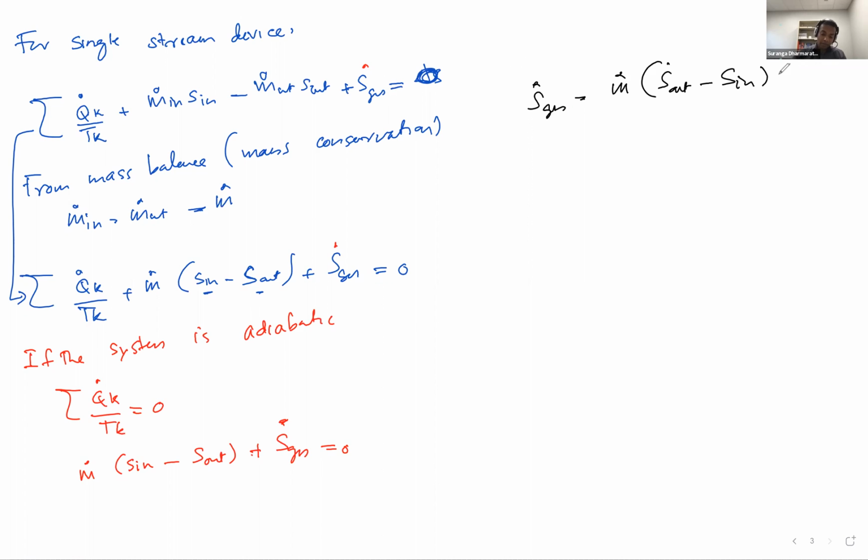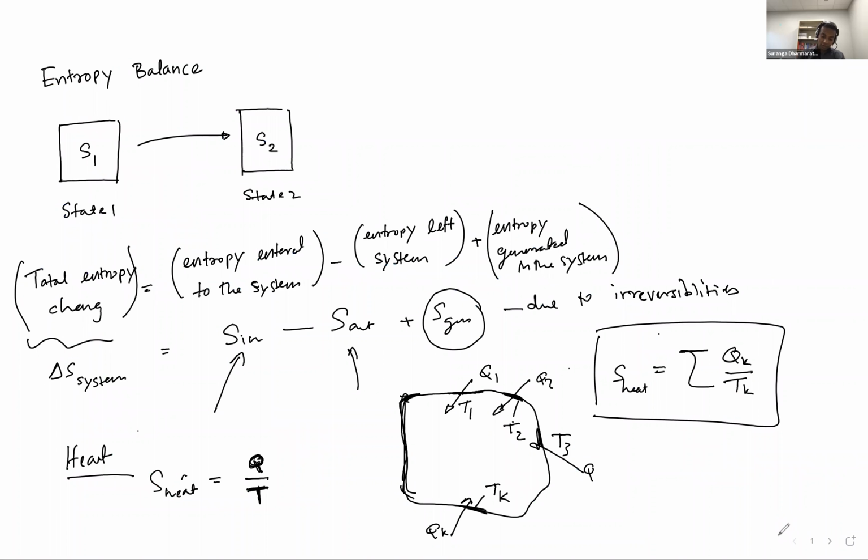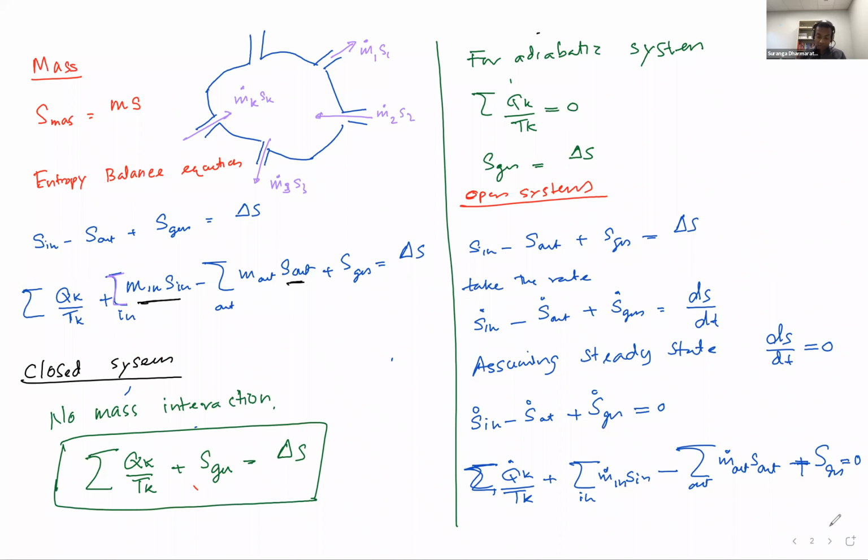So that's all about the entropy balance. What we started with is a general equation: delta S of the system is equal to S in minus S out plus S gen. Then we figured out how many methods can transfer entropy in and out of the system. There are two methods, one is heat, the other one is mass. Then we wrote the entropy balance equation including those different types of entropy transfers, heat and mass.